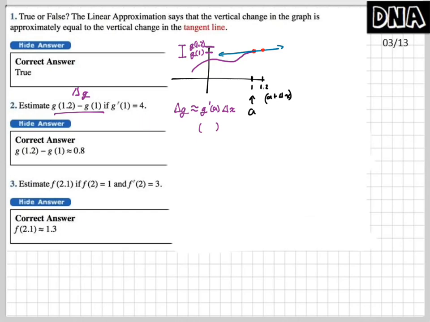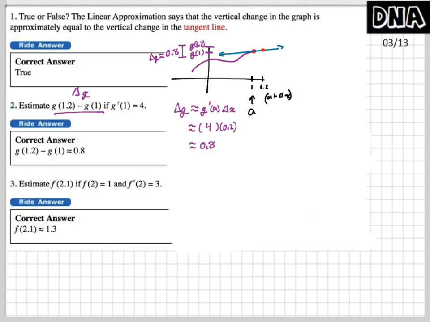It tells us right there. So I can plug in 4. Now we have the change in x. What is the change in x? 0.2, right? So this is going to approximate the change to our next point. We multiply those two together and you get 0.8. The change in g is approximately 0.8.